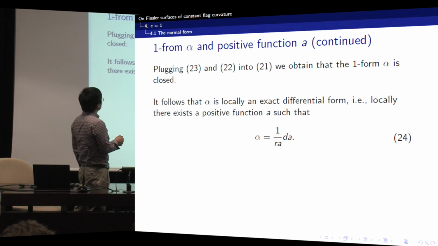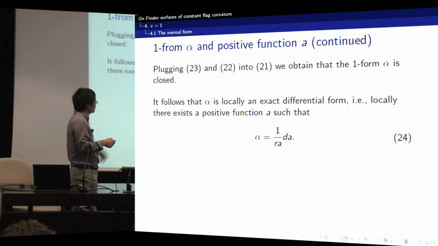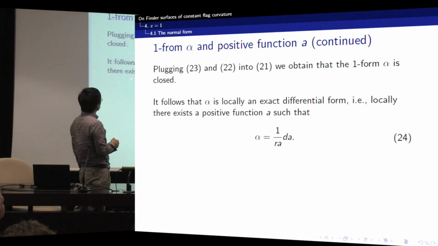It follows alpha is a locally exact differential form, because a closed form is locally exact. So locally there exists a positive function a such that alpha is equal to 1 over R a dA.